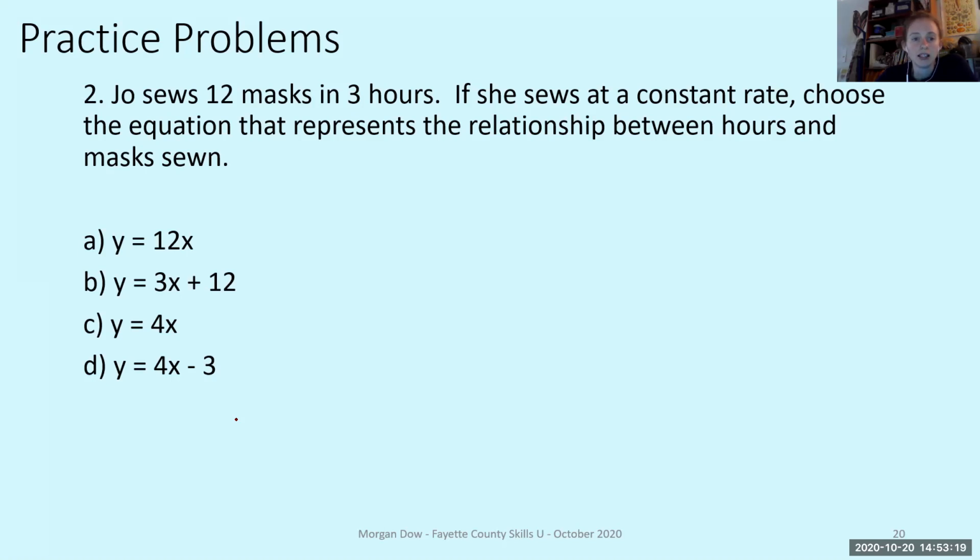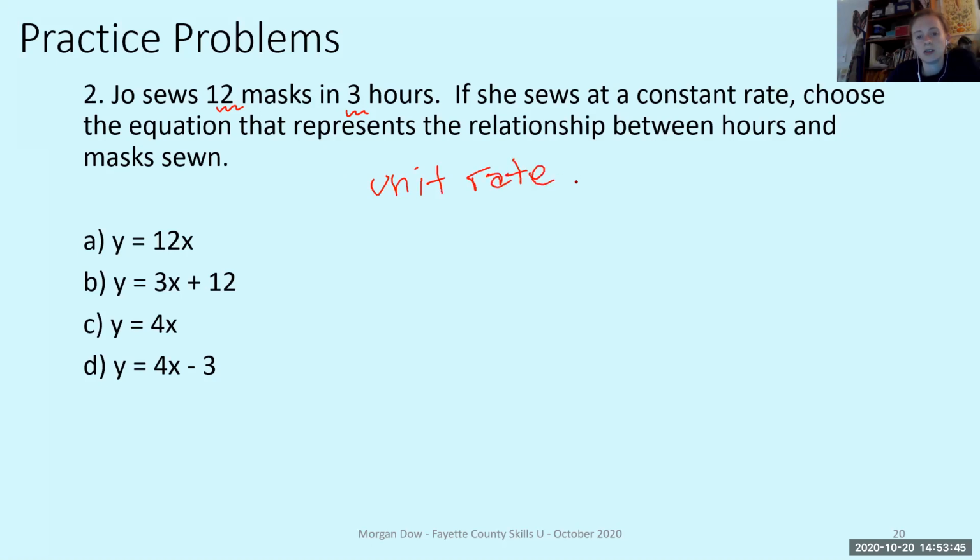All right, well, let's think about this. 12 masks in 3 hours. She's sewing at a constant rate. So let's first think about, what is her hourly rate? What is her unit rate?